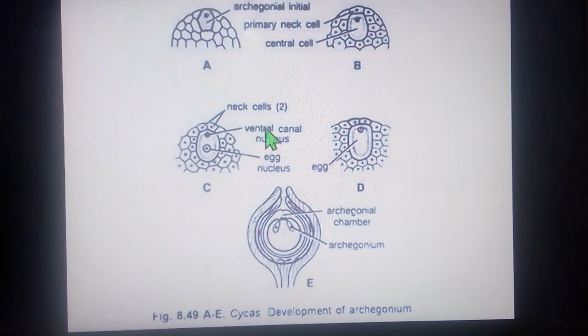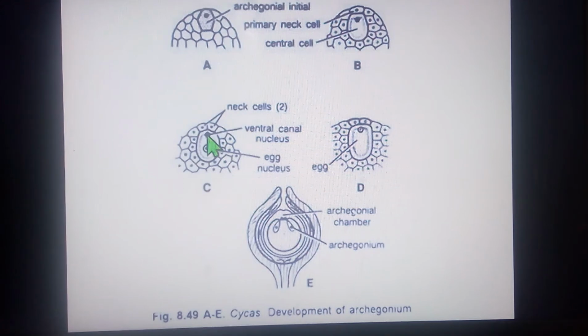Now the neck canal cells are completely absent. So here we can see the ventral canal nucleus. It will move towards the neck of the archegonium.